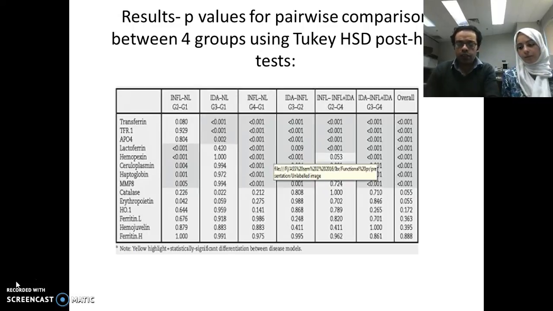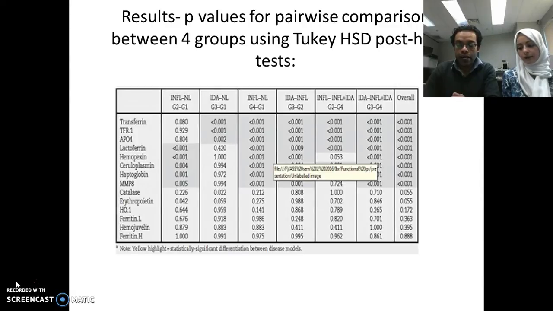From this table and figure, it can be determined that the plasma levels of transferrin receptor 1 and APO4 were significantly different among the 4 groups, with p-value less than 0.05 and 0.001, as well as lactoferrin, hemopexin, cerebroplasmin and haptoglobin.